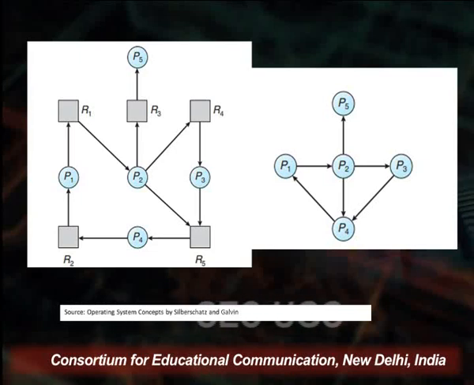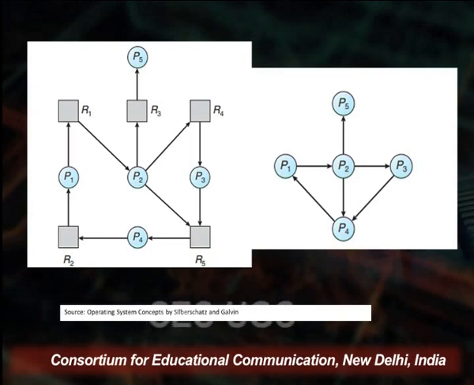That means R3 is currently allocated to P4 and P2 is also looking for that particular resource, R3. So there is an edge from P2 to P4 in our corresponding wait-for graph. In this way, we tweak our resource allocation graph a little bit and get the corresponding wait-for graph.